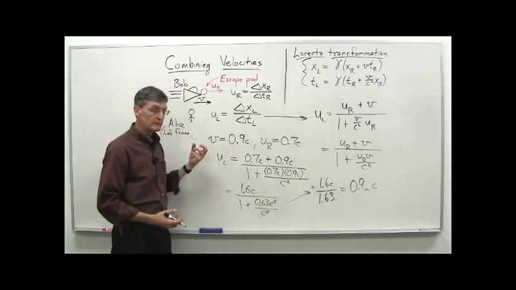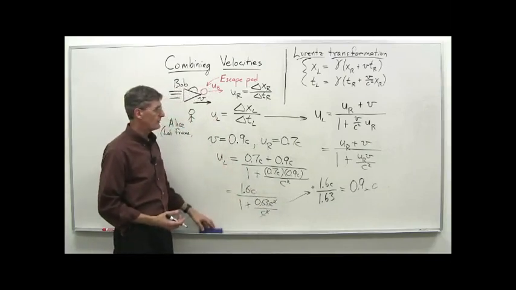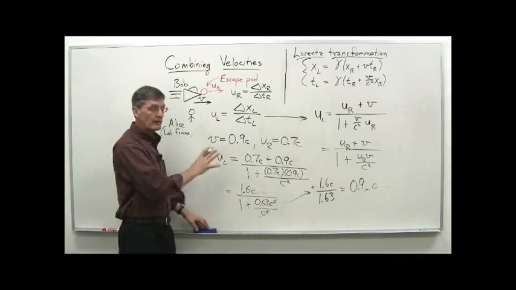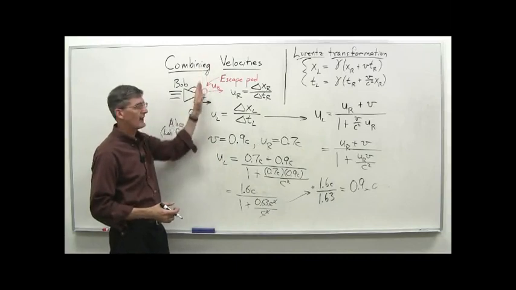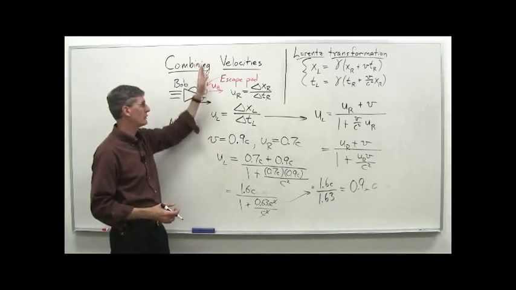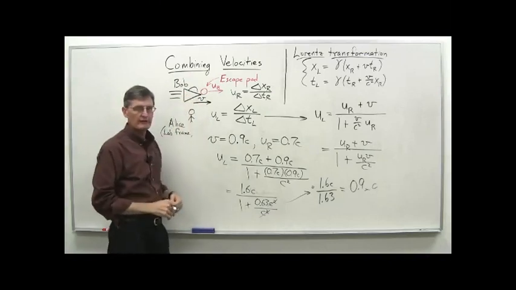But when we get speeds up close to the speed of light, they do not add as we expect them to. A little bit later, in another video lecture, we'll look at the case where the escape pod actually goes off to the side at a perpendicular angle, either straight up or off to the side. So we'll deal with that as well.